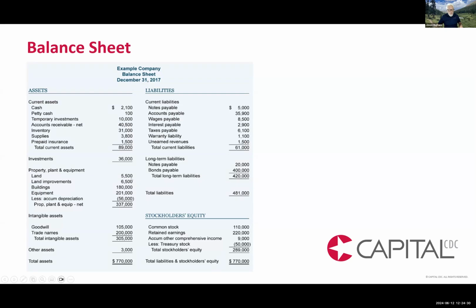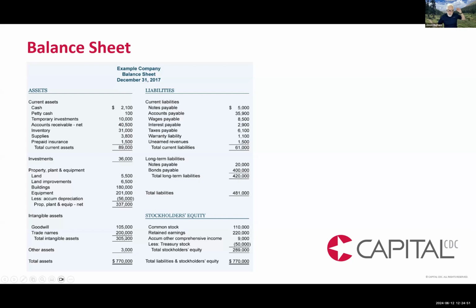Improvements might be landscaping, parking lot. And then you've got the buildings, and then you've got equipment. And then there's been some depreciation over the years. So we've got $337,000 worth here of long-term assets.